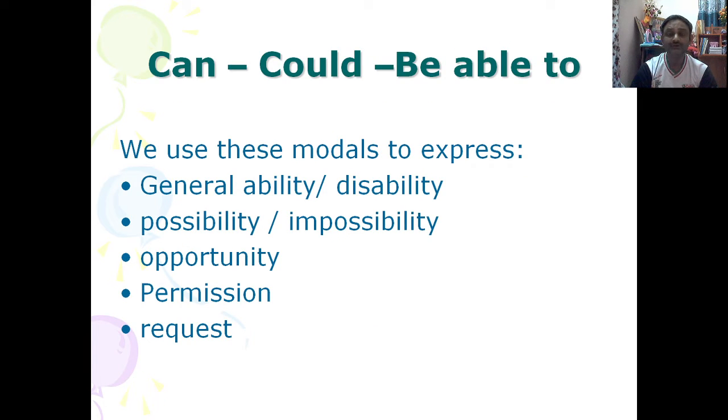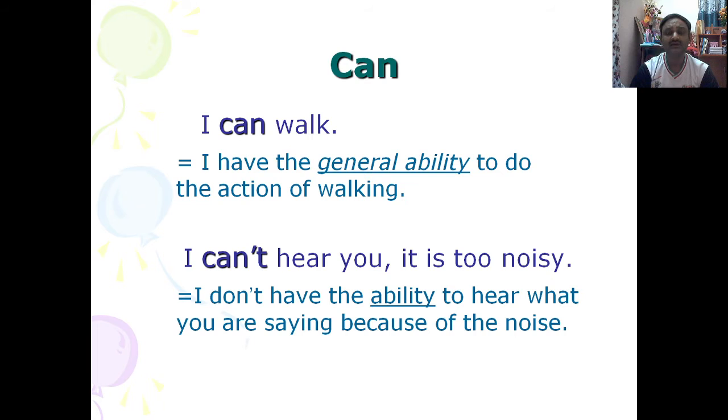Can, could means be able to. We use these modals can and could to express general ability or disability. The next will be possibility or impossibility, opportunity, permission or request. Now we can look at them one by one. I can walk. I have the general ability to do the action of walking. I can't hear you.